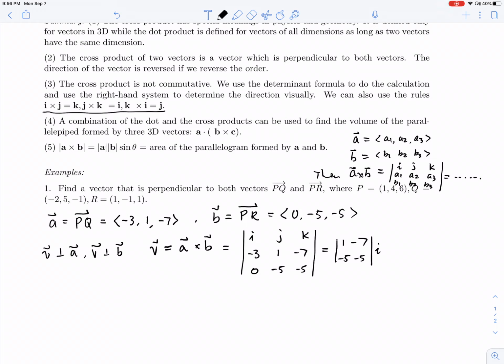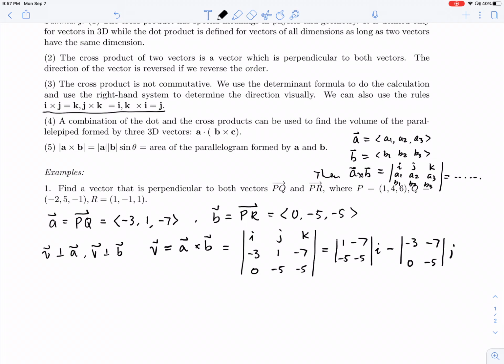Remember, the second one is going to be negative, so it's going to be minus the determinant of -3, -7, 0, -5, times J. What we are doing is removing the J column over here, and then putting these numbers over there.